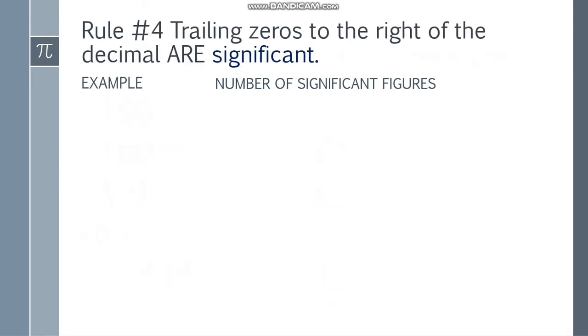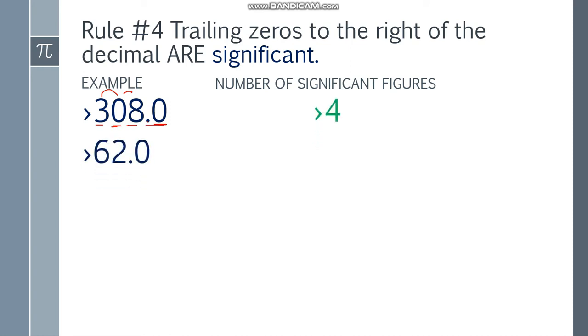Rule number 4: trailing zeros to the right of the decimal are significant. Let's have the first example, 308.0. The zero in the middle is significant because it is sandwiched by two non-zero digits. Now, all numbers to the right of the decimal are considered significant, even if they are 0. So this is also considered significant: 1, 2, 3, 4. Next one, 62.0.